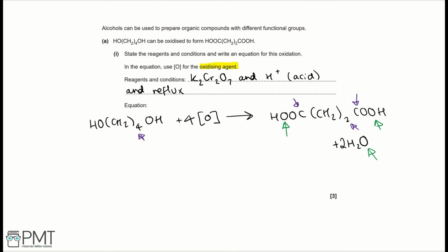So in this question, you get your 3 marks, your first mark coming from your reagents and conditions, your second mark coming from writing the oxidizing agent as [O], and writing water, so that gets you your second mark. And then your third mark comes from correctly balancing the equation.